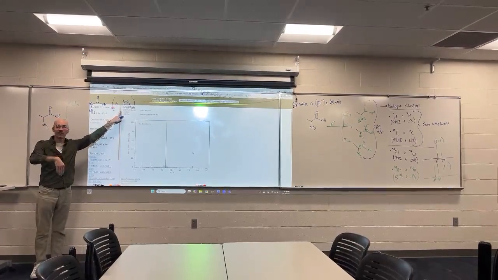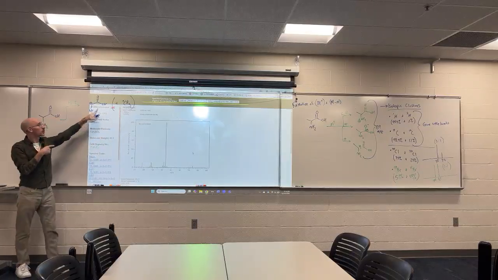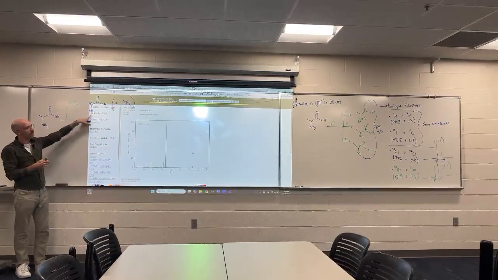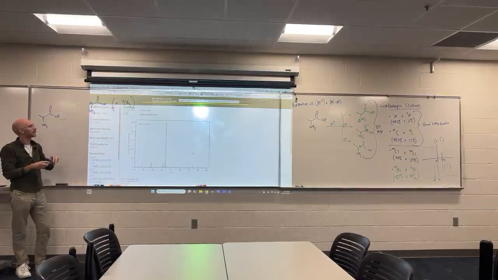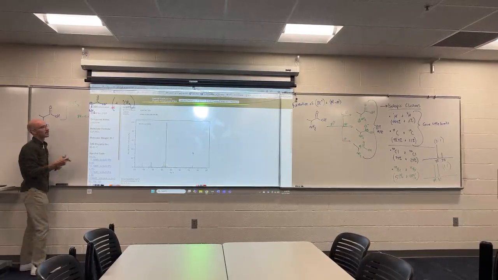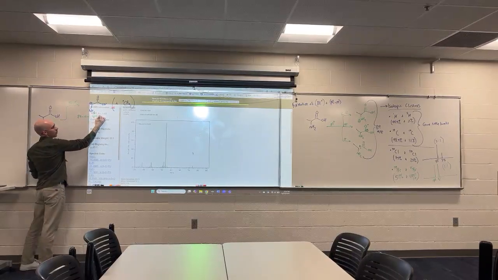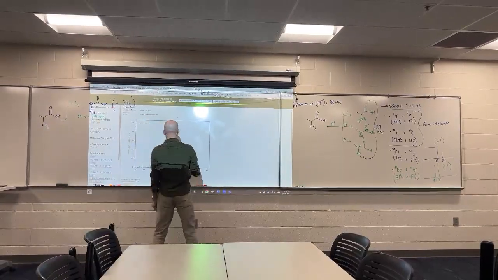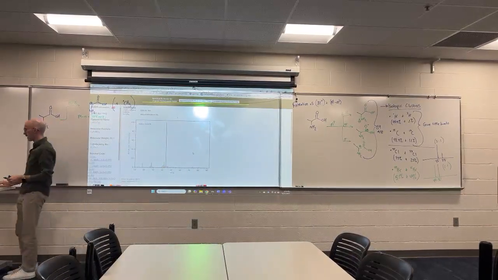Only cations get drawn to the detector. Radicals don't make a signal. So we're looking at the molecule less 15. Can you tell me what mass this actually hits as? 89 minus 15, 74 mass per charge units. That's this signal right here in alanine's mass spec.